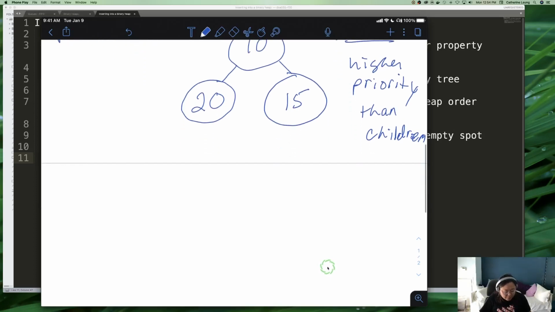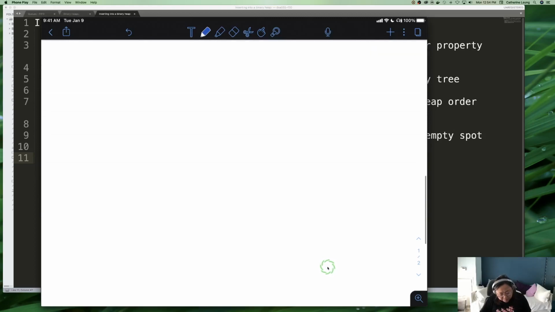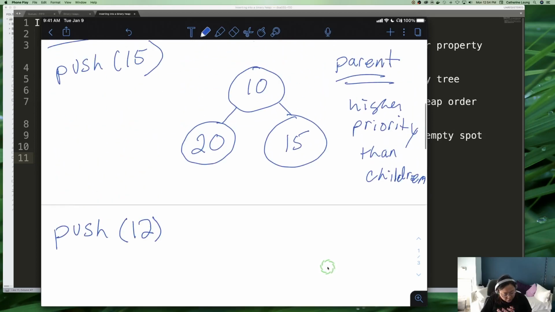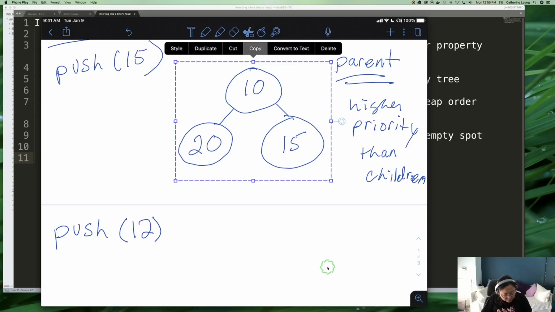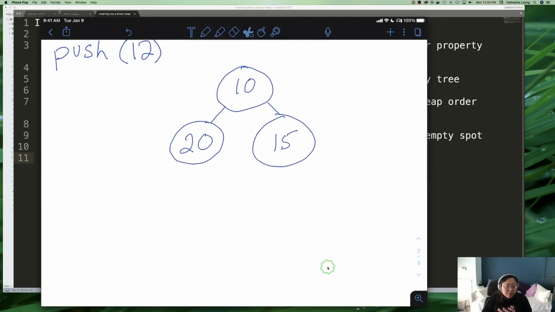Okay, good. So let's try another one. Let's try push 12. Okay, so this is our heap so far. And I want to push 12 into this heap.